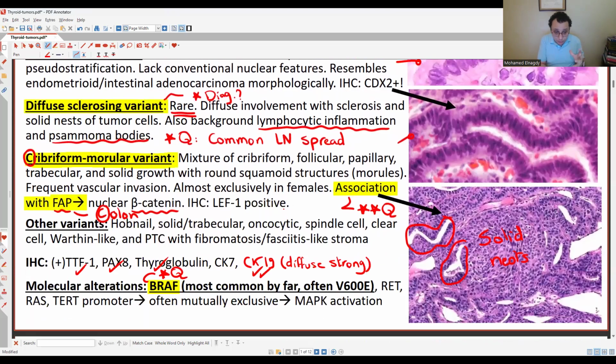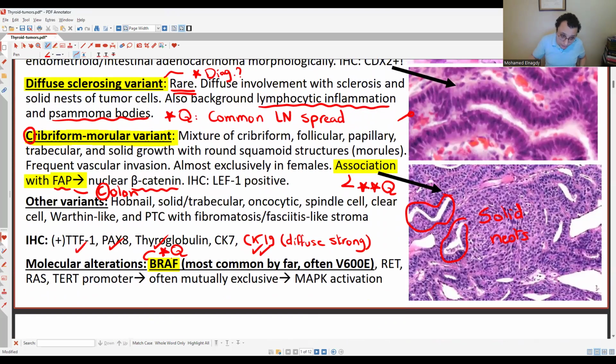Of course, the classic and most common mutation in papillary, with a P for pen, is BRAF, with a B for baby. So it's a P with a B, papillary thyroid cancer with BRAF, most commonly the V600E mutation, which is the exact same mutation existing in melanoma and what else?